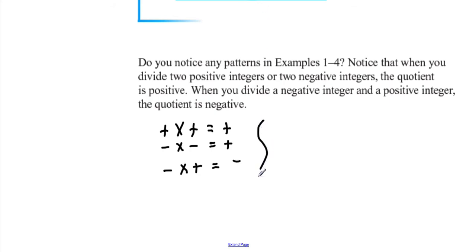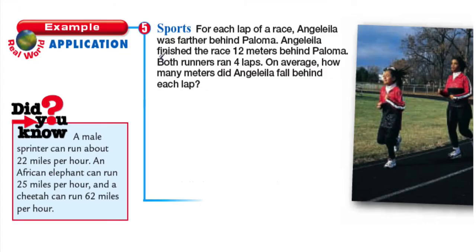A positive divided by a positive results in a positive integer. A negative divided by a negative also results in a positive integer. And a negative divided by a positive results in a negative answer.